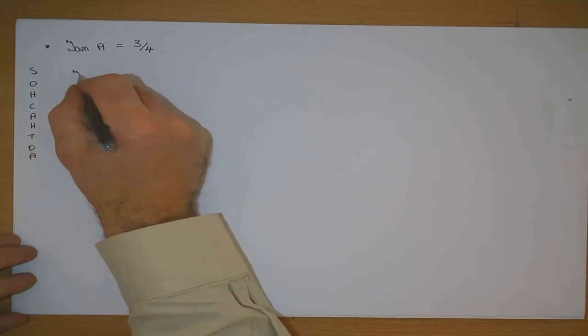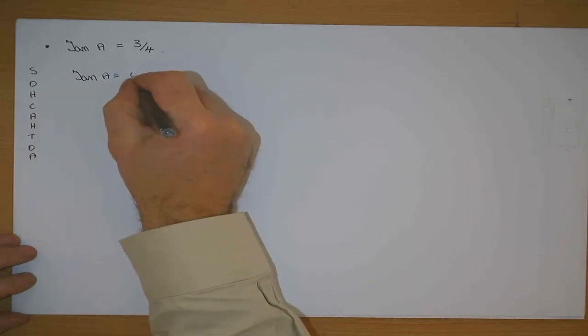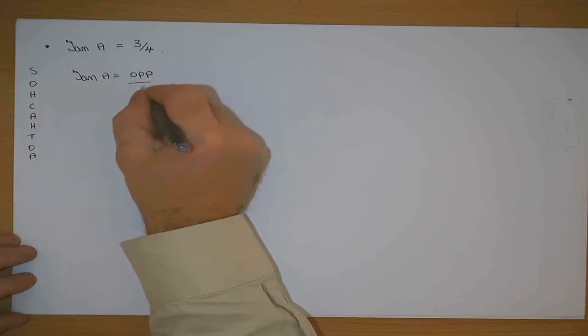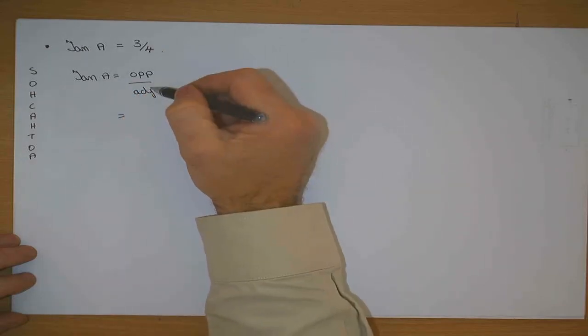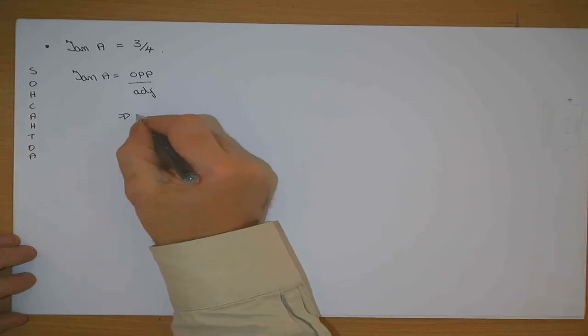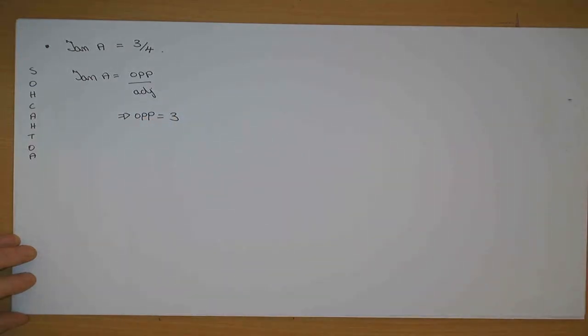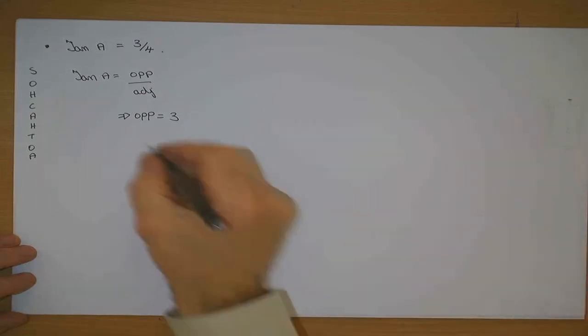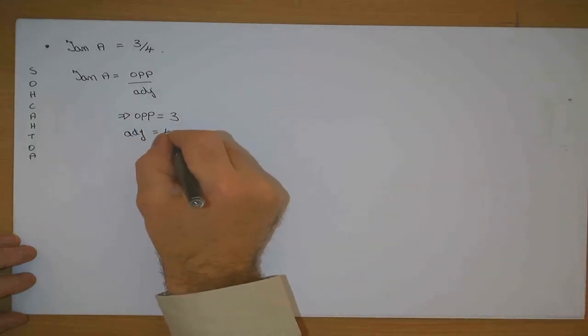I know that the tan of the angle A is equal to what? The opposite over the adjacent. So if the tan is 3 over 4, that means what? That the opposite must be 3, and that the adjacent has to be 4.